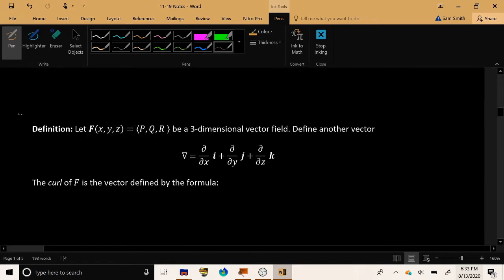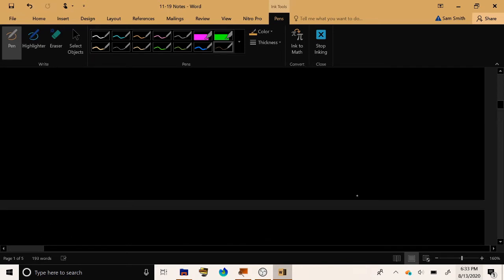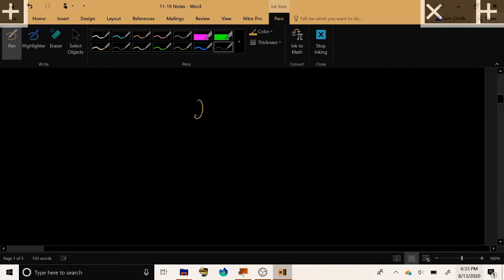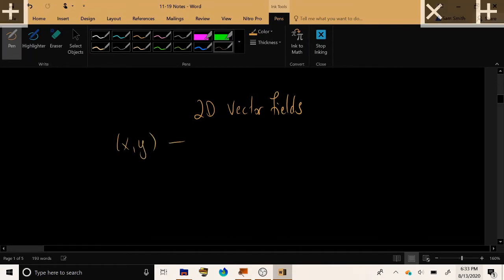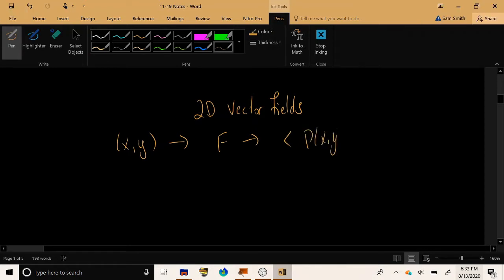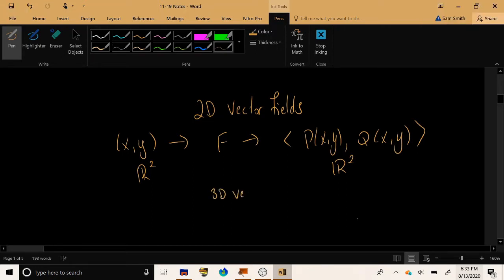So in this section, we're going to start to deal with three-dimensional vector fields. And let me just take a moment to be clear about what a 3D vector field is. We had our 2D vector fields, and they took in a point with two components, and they produce a vector with two components. A 3D vector field, instead of going from R2 into R2, goes from R3 into R3.